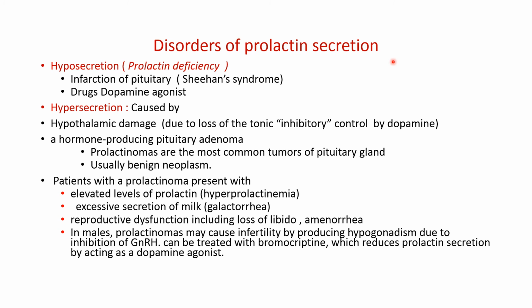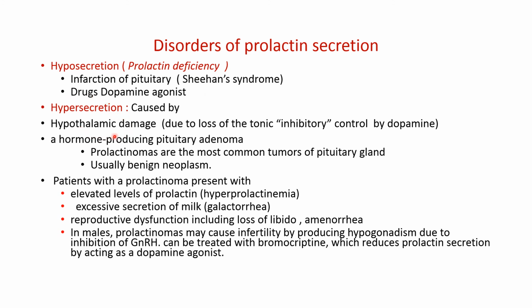Now we go to the disorders. We have hyposecretion of prolactin. This a lot of times occurs when we have pituitary infarction, especially in women after delivery or in Sheehan syndrome. We already talked about this. Or if a woman is taking a drug that acts like a dopamine antagonist.